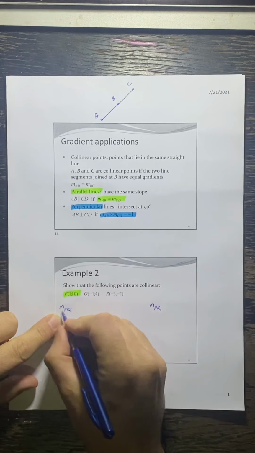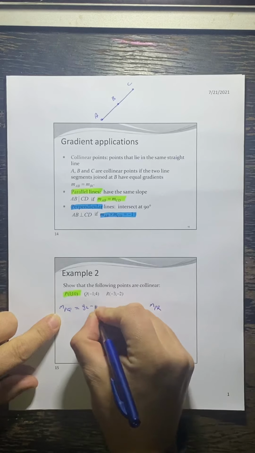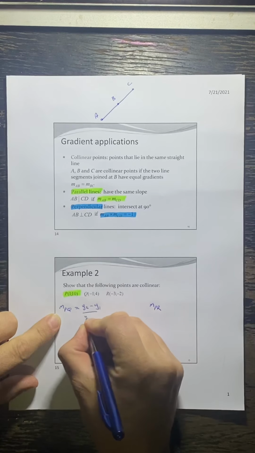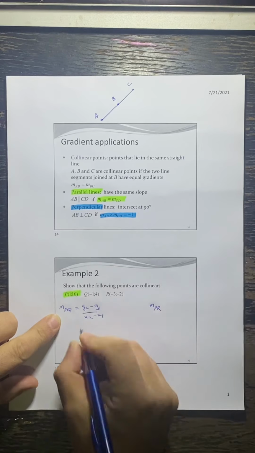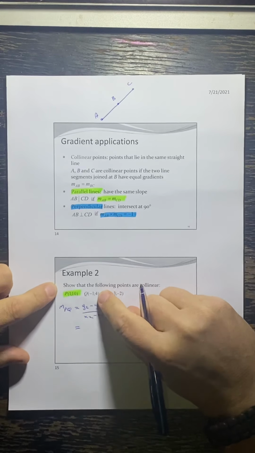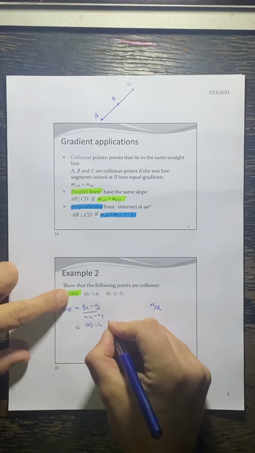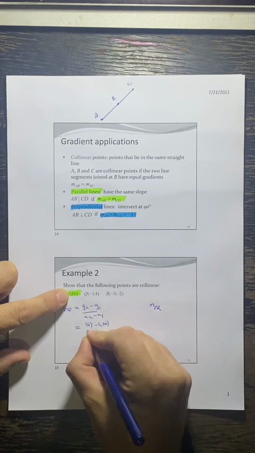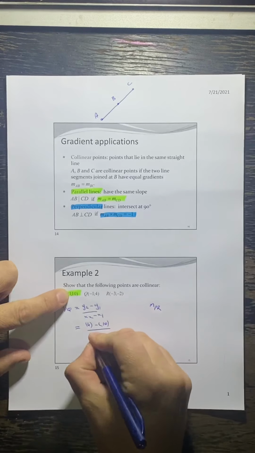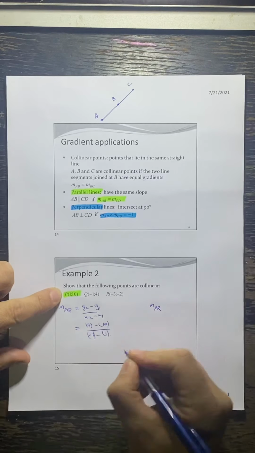Okay, so if we work out the gradient of PQ, remember it's y2 minus y1 over x2 minus x1. So this is our second point here. So it's going to be 4 minus 10 over minus 1 minus 1.